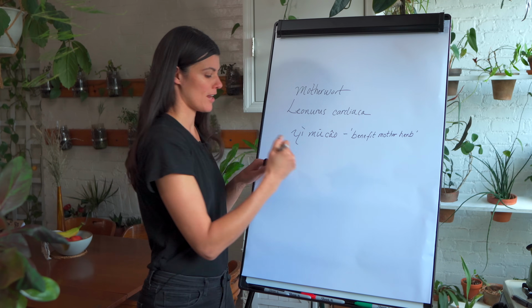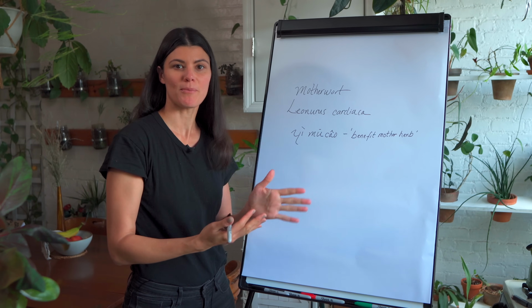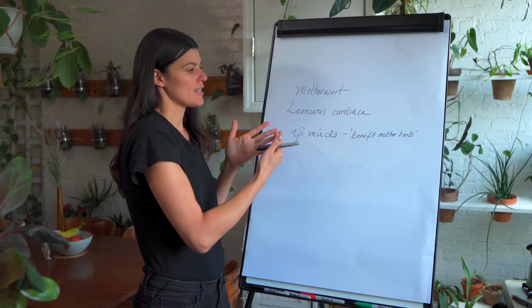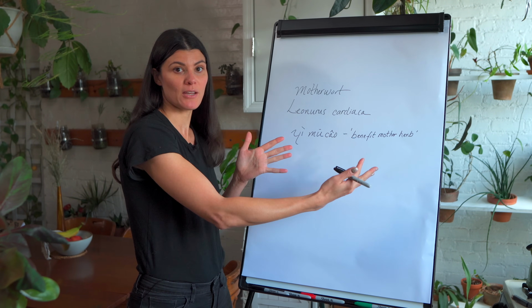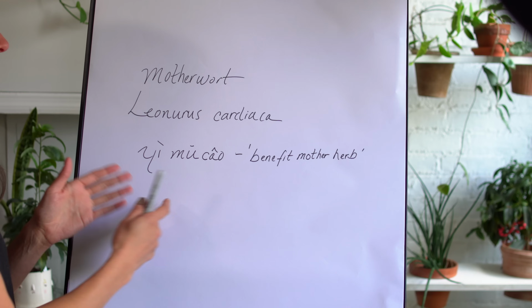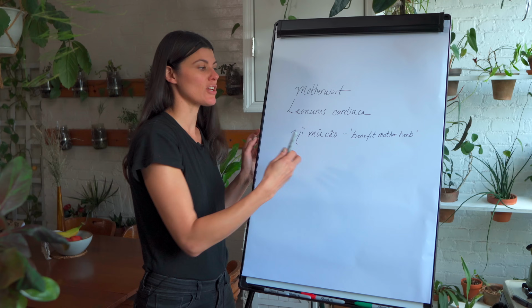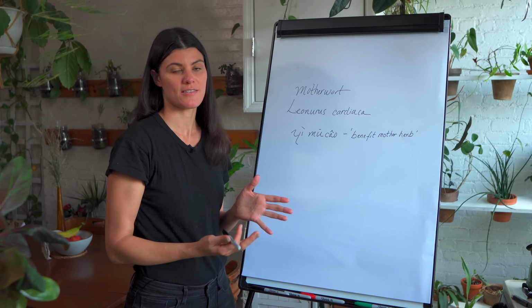Sorry if you can't read my writing, I'm writing pretty fast on this. But that means benefit mother herb, and as you can see, it means different things in different languages, and it can mean something really meaningful in that language, but if you don't speak that language, it would be really meaningless to us.